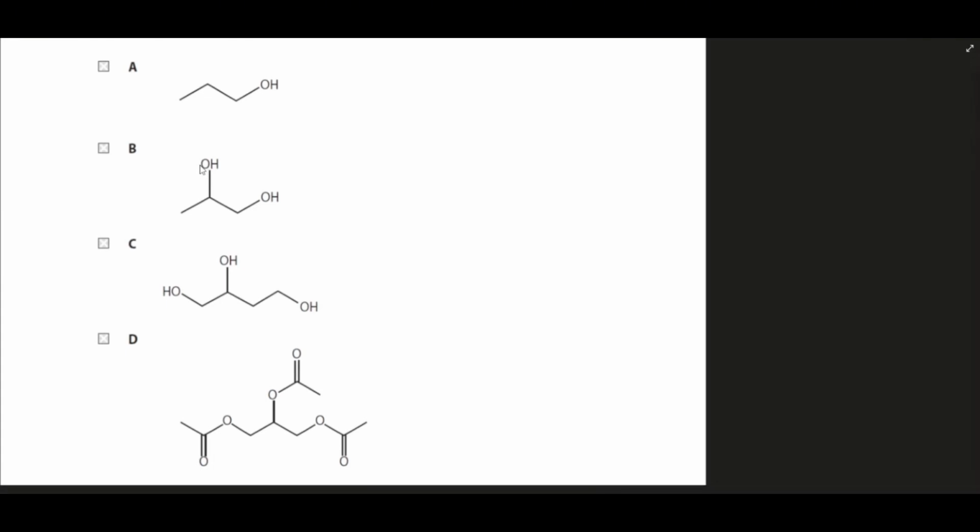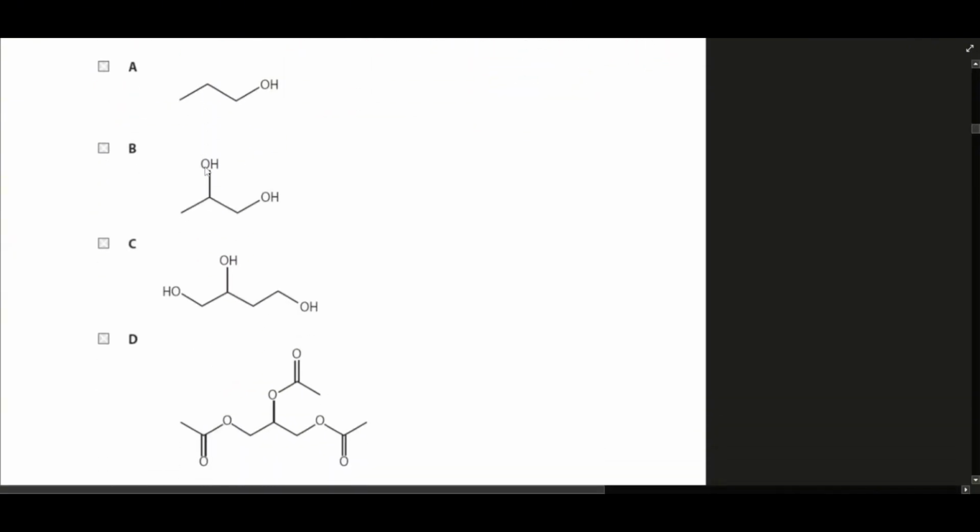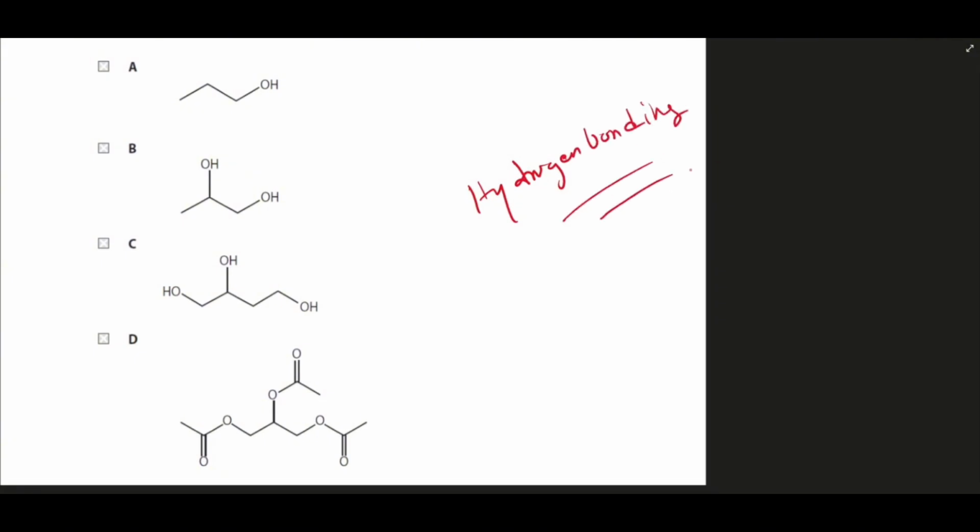Secondly, if I talk about permanent dipole, not all of them have polar bonds here. So that won't be a game changer factor. The only game changing factor will be hydrogen bond. Now, please tell me, where do you think more or less hydrogen bonding will be produced?